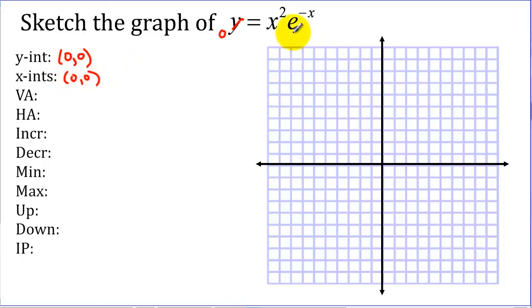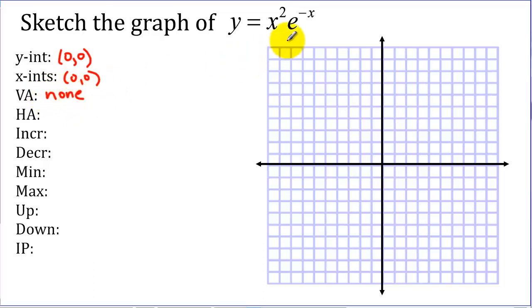And then if we set this factor equal to 0, there is no solution for that, so our only x-intercept is here. There are no vertical asymptotes. There is nothing that will make this function undefined.